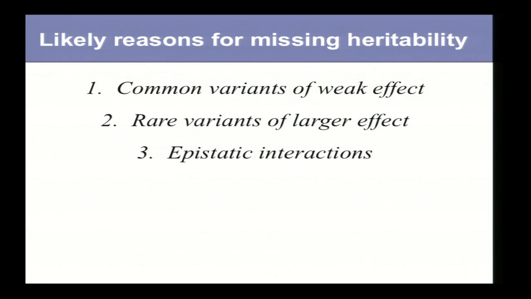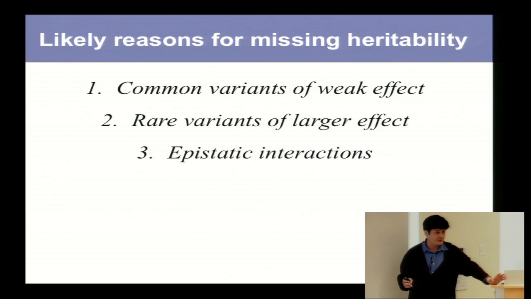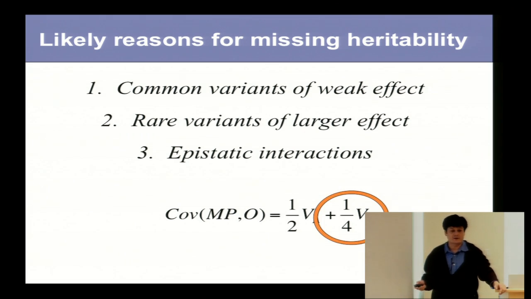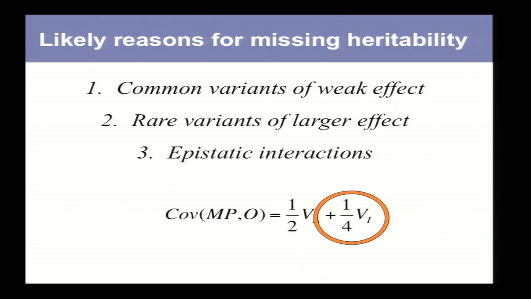Or it can be potentially, I'm not claiming that this is the case, but it is feasible that some of that is in this interaction term, that heritability was not measured correctly to start with, because this term is usually neglected in all papers estimating heritability. Right? So it can be interactions, rare variants, or common variants of weak effects.